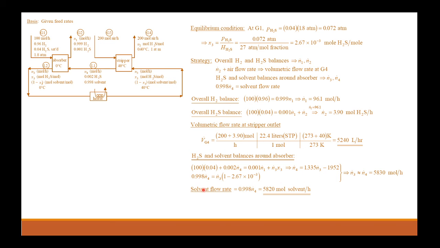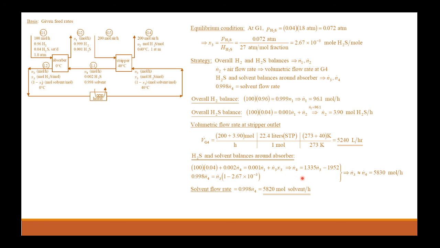Right? Now next, we will do the balance for the solvent. So the solvent we have over here at L1, which is 0.998 multiplied by N4, equals, at here, the mole fraction of the solvent, which is 1 minus X3, where X3 is the mole fraction of H2S in this L2 stream, multiplied by N3 over here, which is located at the stream L2.